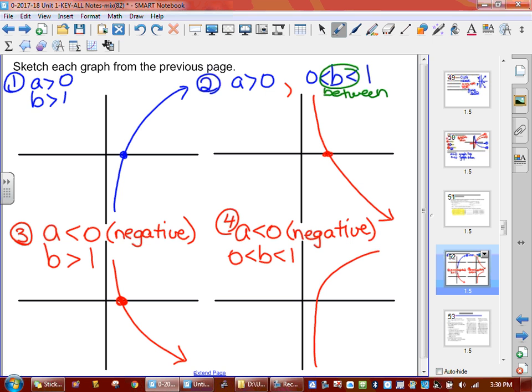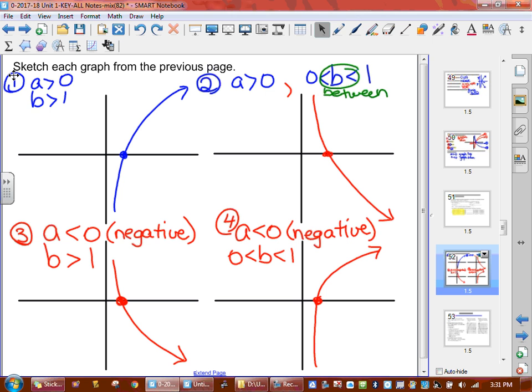Same as graph 2 and 4. They are also a reflection in the x-axis. Now, what created the reflection? Well, in this case, on the right-hand side, what created the reflection was changing the a value because the b value didn't change. On the left-hand side, it was also changing the a value. Okay, so we were dealing with changing a values.